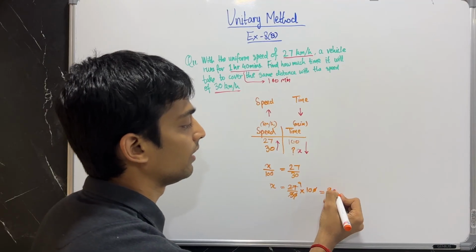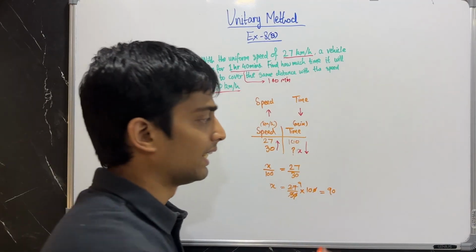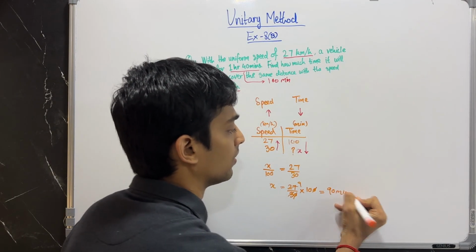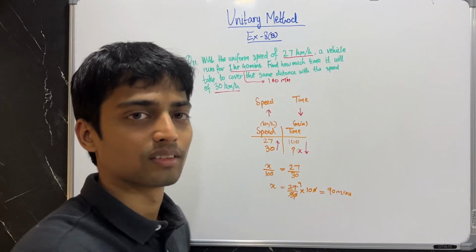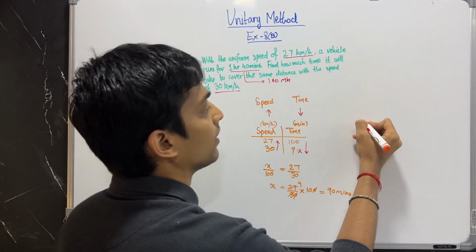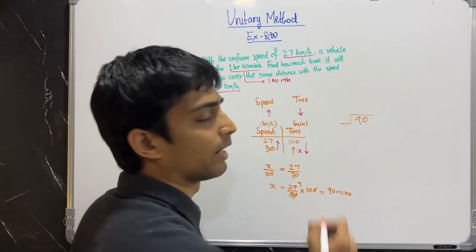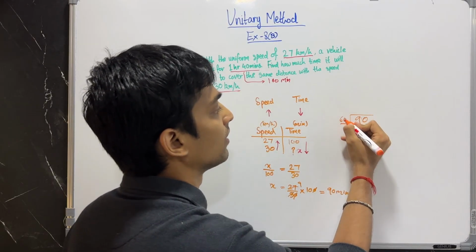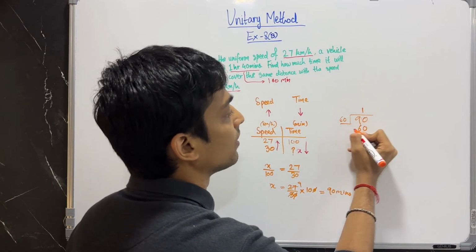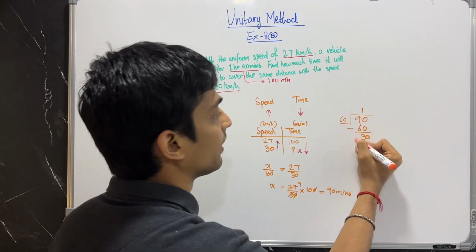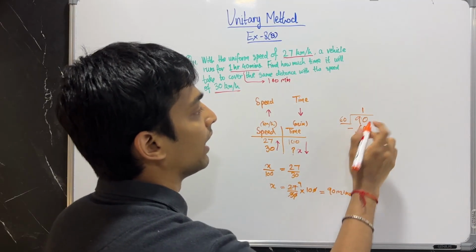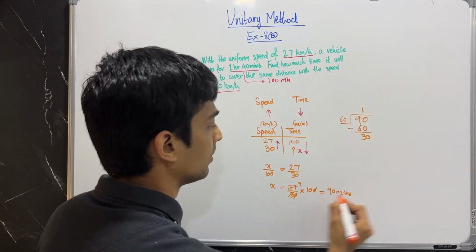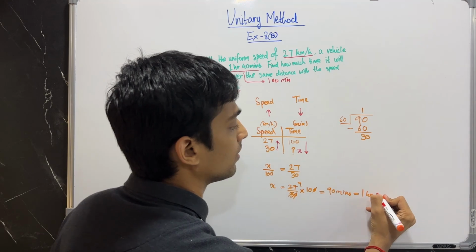This is equal to 90. 90 minutes. Let's convert this into hours and minutes. We divide 90 by 60, since 1 hour is 60 minutes. 1 times 60 is 60, and 90 minus 60 is 30. 30 is the remainder. So we have 1 hour and 30 minutes.